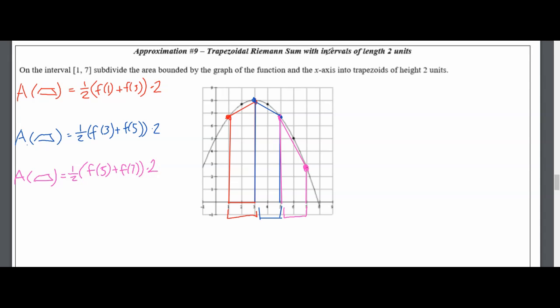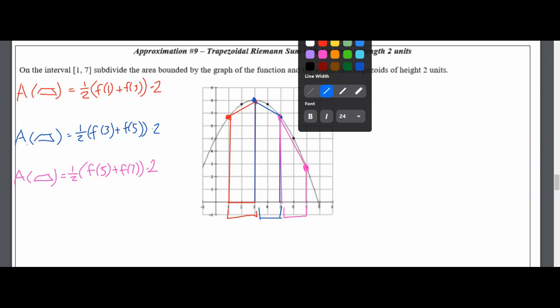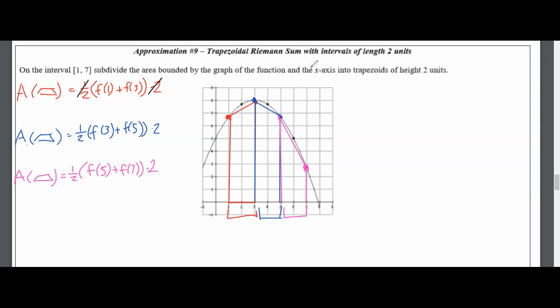Now, you'll notice one thing here, right? These 1/2s and the 2s all simplify. So you could do those, or you could just notice that they all simplify right away. So you're really just adding the two bases together. That's only because our subinterval here is 2, right? If our subinterval here was 1, then they would not simplify out because all the 2s would be 1s, etc.